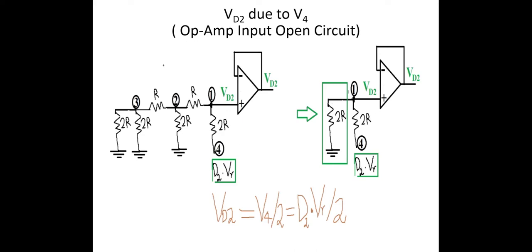And here the answer is then very simple. It can simply be obtained by applying the voltage divider law, because you simply have two resistors which are in series with each other and the resistances are equal, so the voltage at node 1 will be simply half of voltage at node 4.